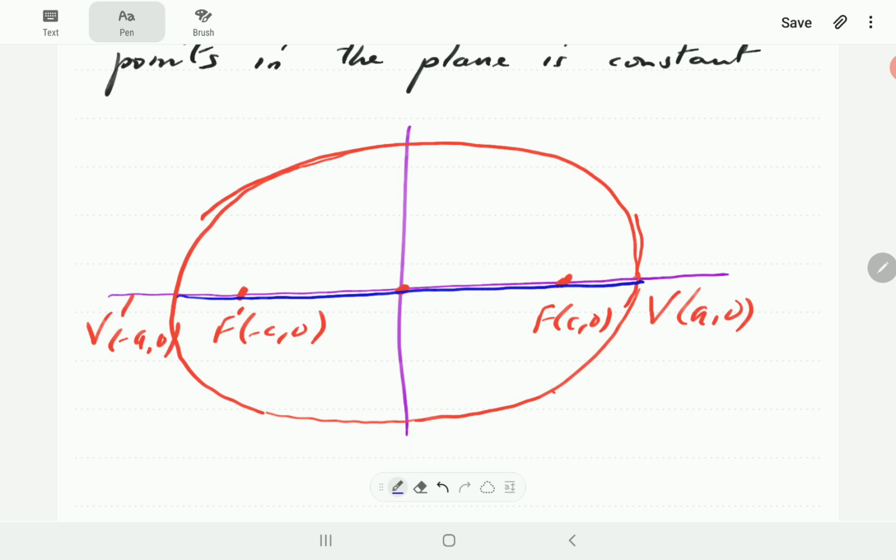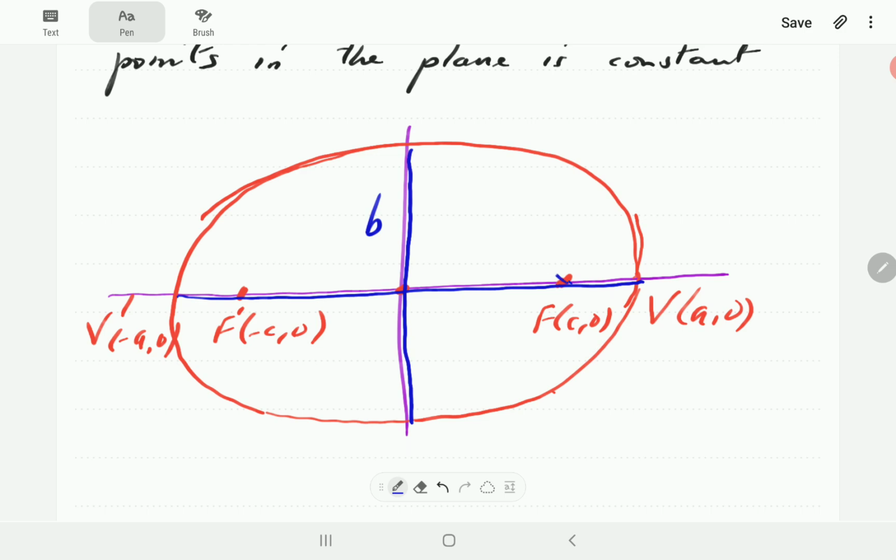It's going to be of length 2a, and then this one here is the minor axis, which is going to be of length 2b. So this distance is going to be labeled b. This distance from the center to the focus is c.